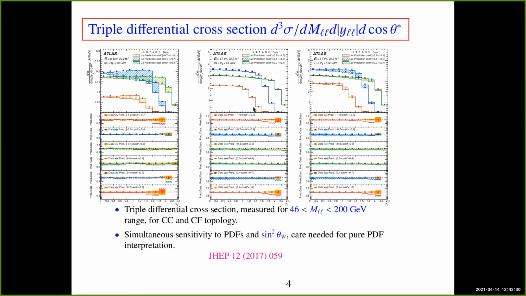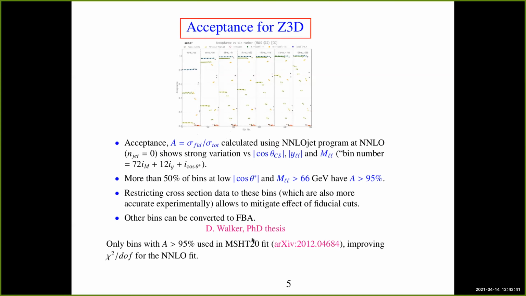Indeed, if you compute the acceptance for this measurement, which was done in this physics analysis using an analytic calculation, you see that for small cos theta and central rapidities, the acceptance for large invariant masses very often is close to unity.